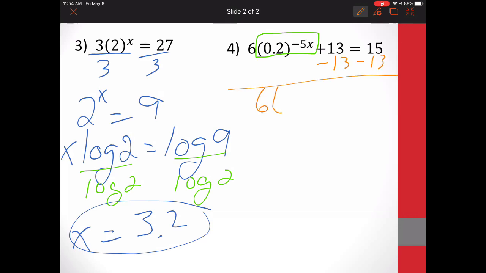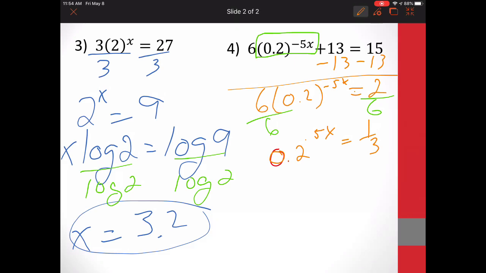You get 6 times 0.2 to the negative 5x, equals 2. And then we divide by 6 on both sides, and you get 0.2 to the negative 5x equals 1/3. I wouldn't really make it a decimal if I were you.